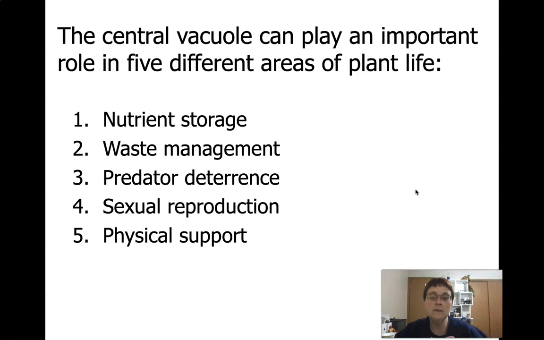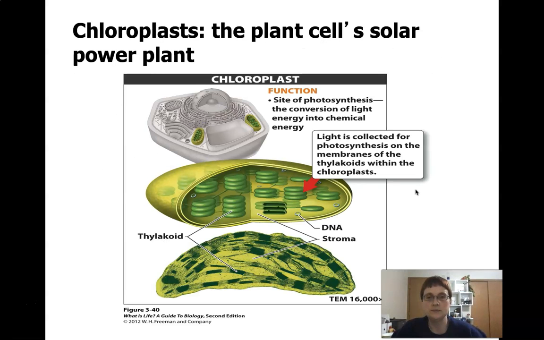If you don't give the plant enough water, like you saw in something like the diffusion videos, that vacuole collapses, and that's what actually can help collapse and create wilting in a plant. So it's a really, really important structure in plant cells.